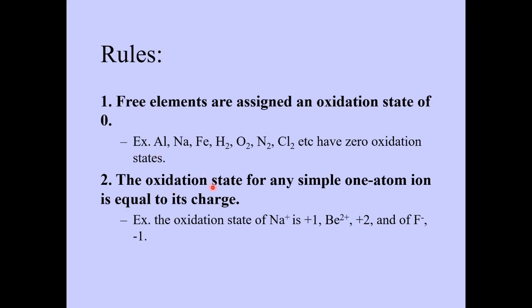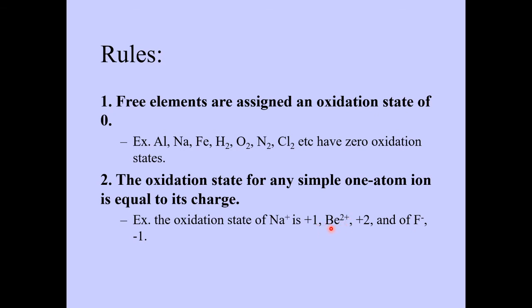Okay, rule number 2, oxidation state for any simple one atom ion is equal to its charge. So if it's written as an ion, which we don't see very often, but you will see it every now and again, and you'll definitely see it in some of the practice problems. So this is Na+, the sodium ion. Its oxidation number is +1.